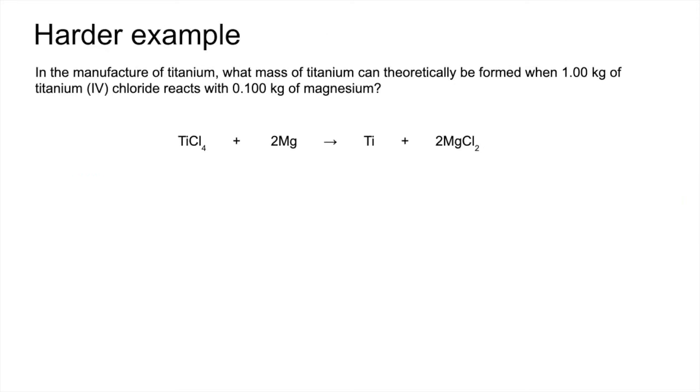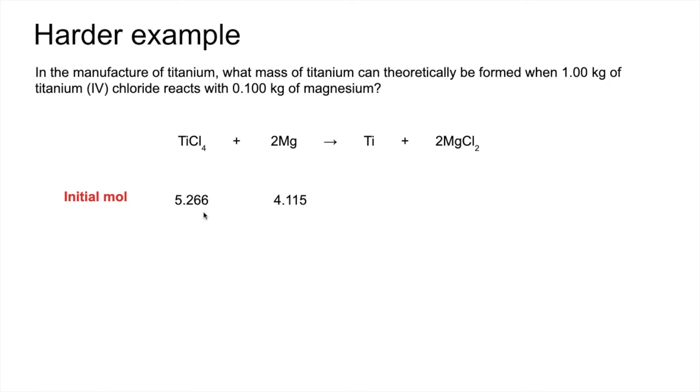The second one's a little bit trickier. Again, if you want to do the same, pause the video, have a go, and then play on when you're ready. First thing is initial moles, so mass over MR gives us these many moles of the two chemicals. If we just think about it, we've got that many moles of magnesium, we'd need half of that moles of TiCl4, so we've definitely got enough of that.